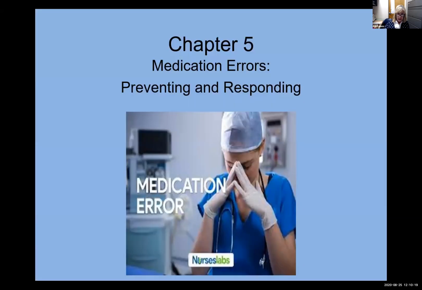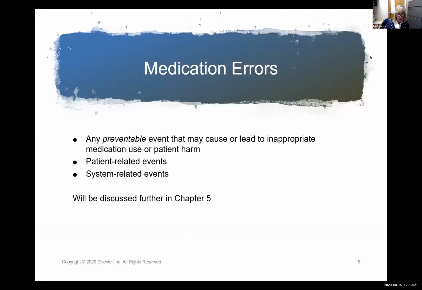And I want to spend quite a bit of time talking about medication errors. So what is a medication error? A medication error is a preventable event that may or may not lead to patient harm, but it still is considered a medication error. So flip your rights of med administration.